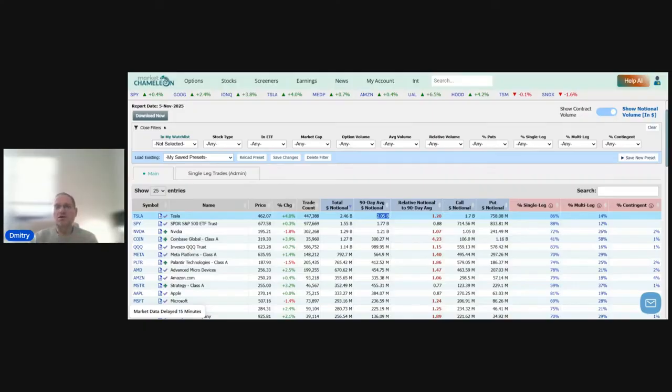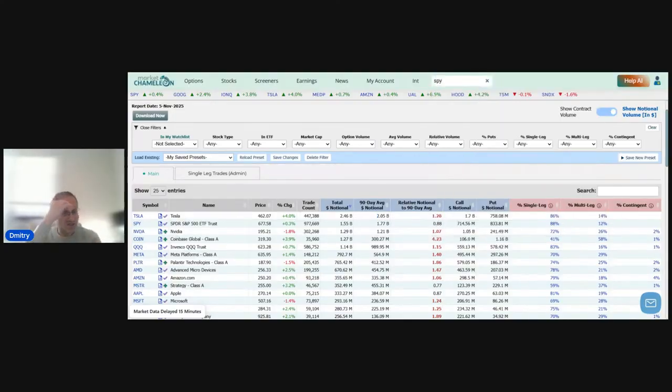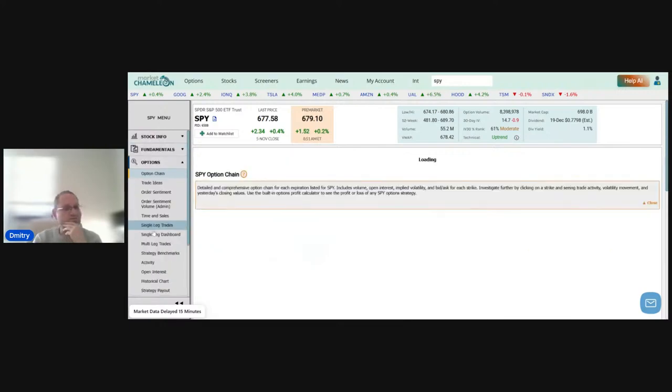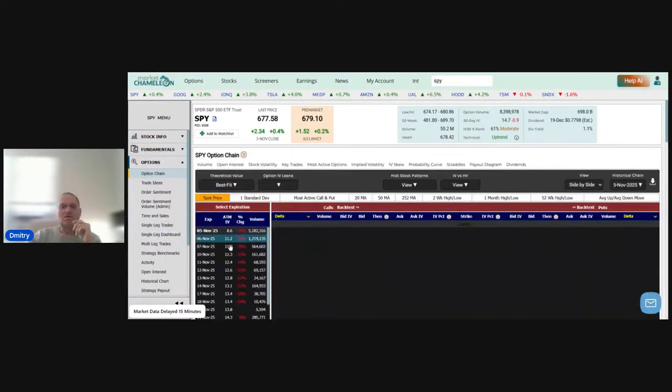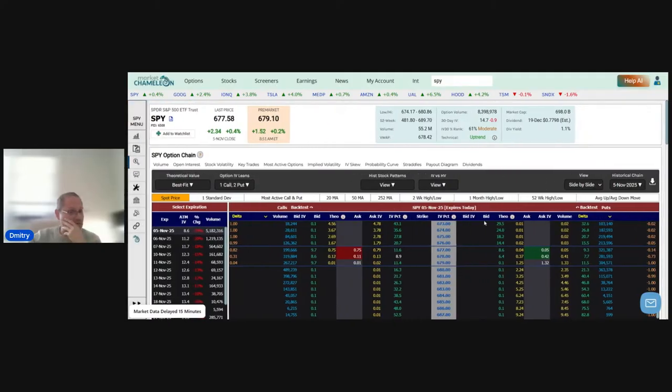Okay, so maybe we'll go to an SPY options chain just to kind of view it on an options chain. It might be easier to demonstrate that. So I typed in SPY. On the left-hand side, we're going to click on options and option chain. And I'm going to just close this menu to minimize it, expand our option chain.